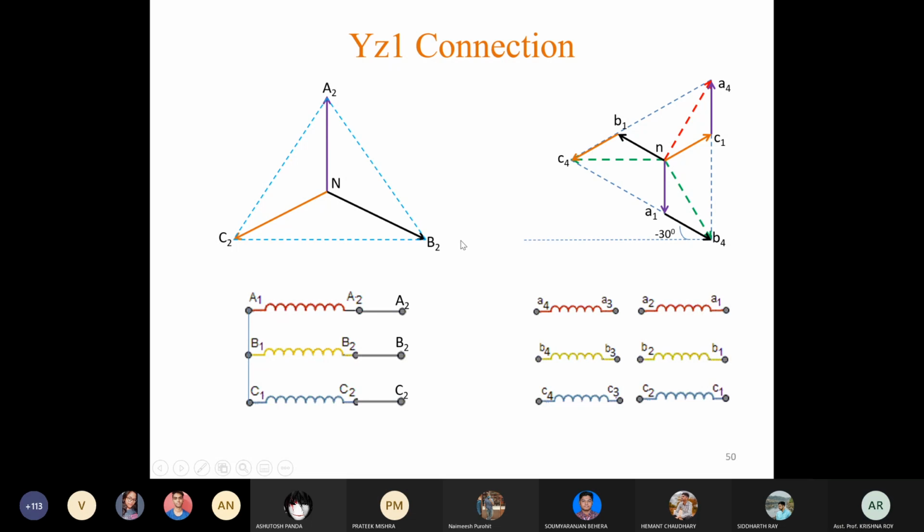Outputs are taken from all the 2 terminals, and this is the neutral. In secondary side, all the 2 terminals are shorted, and then 1 terminals are connected with 3 terminals, A1 B3, B1 C3, C1 A3, and then outputs are taken from all the 4 terminals, and this is the neutral.